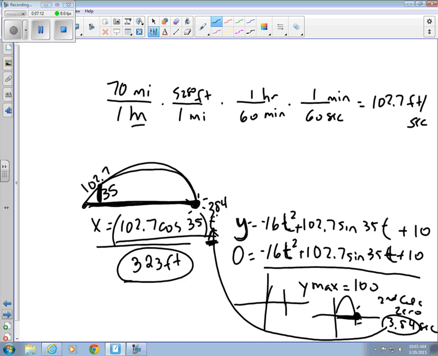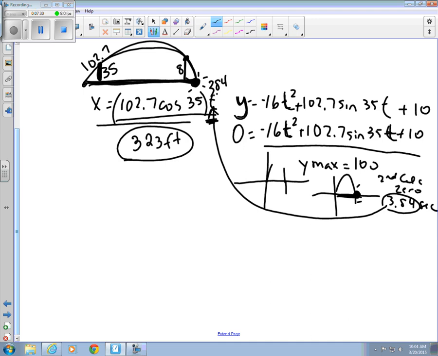All right, so for part B, we have: how far from the launch point should a safety net be placed if the human cannonball is to land on it at a point 8 feet above the ground? So there's a safety net right here, 8 feet above the ground. We are not waiting until he's dead on the ground. That is good news. This is somebody who takes their job seriously. So if that's going to be the case, don't you want the height to be 8?